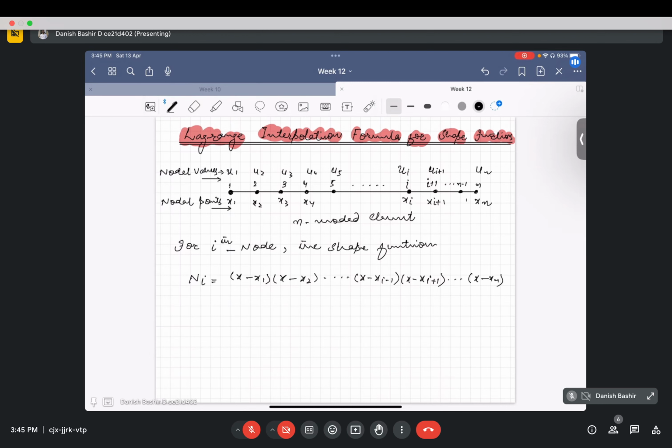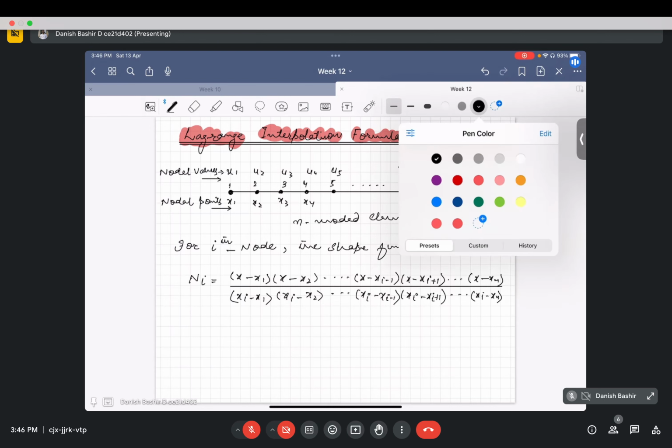So this will be the numerator of this Lagrange interpolation polynomial, and it will be having some denominator that is actually that ith node, xi minus x1. This is very easy. xi minus x2 up to xi minus xi minus 1. So xi we have to skip here as well. xi minus xi plus 1, and up to the nth coordinate, xi minus xn.